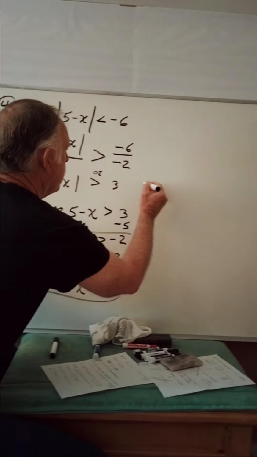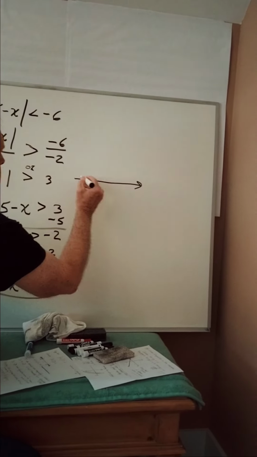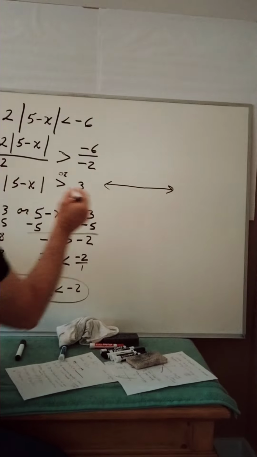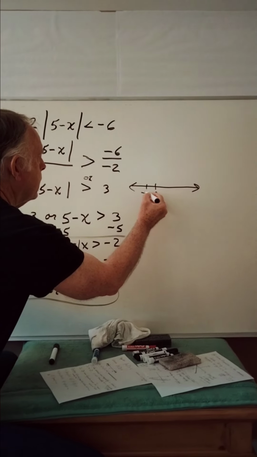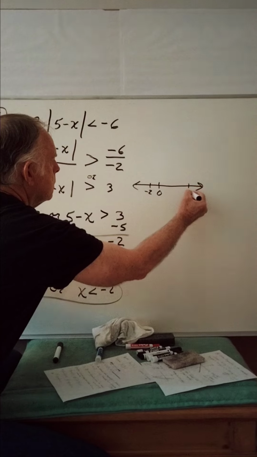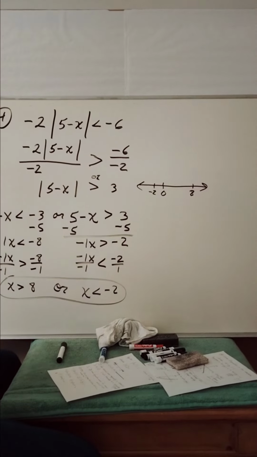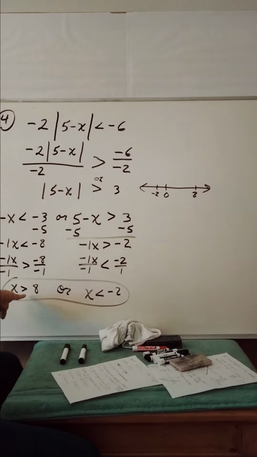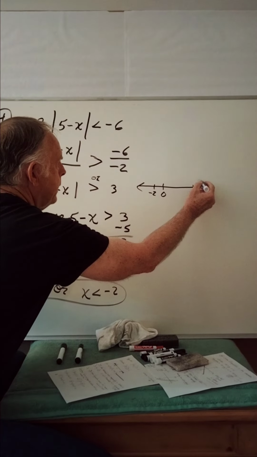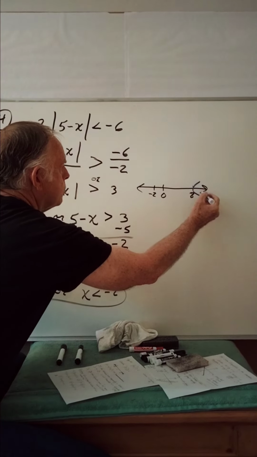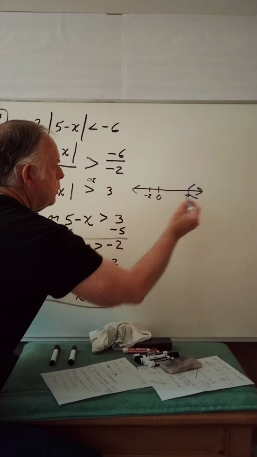So the graph. We'll stick a 0, the negative 2, the 8. X is greater than 8. Got to be greater. Make that parenthesis point greater than.